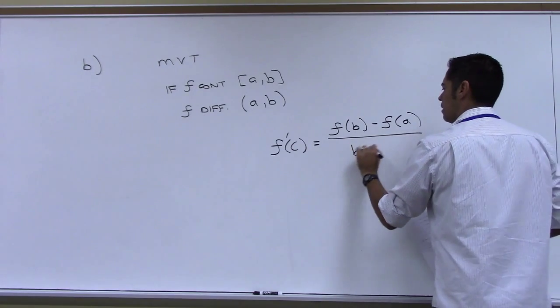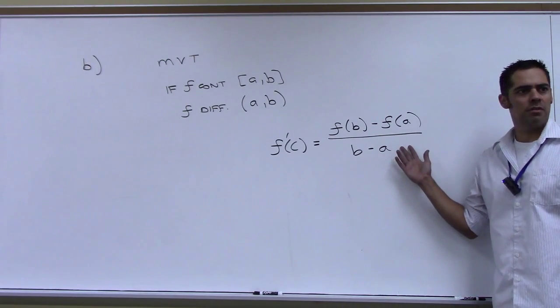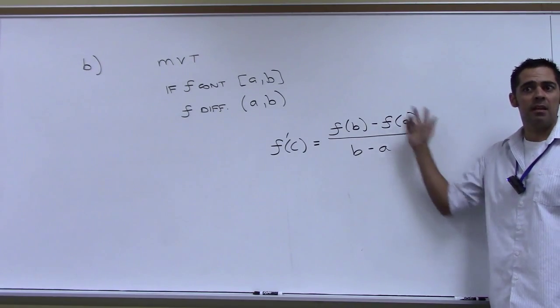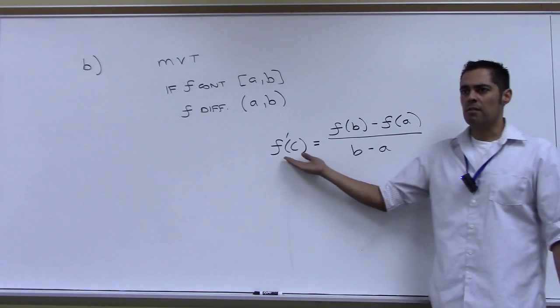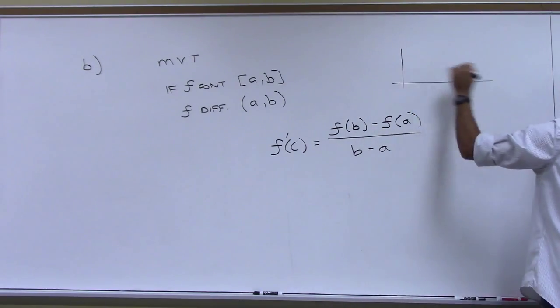Now that's not a formula that is on your formula sheets. So that's just something you're going to need to remember for the test. I think it's fairly simple to remember. This is a difference quotient, f of b minus f of a over b minus a. That's the slope of a secant line. And the left side is the derivative at some value c. So does this ring a bell when I draw the picture of what happens?